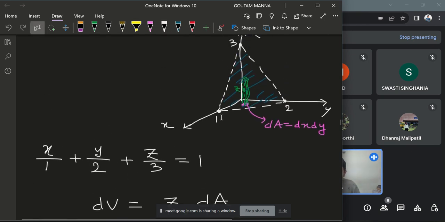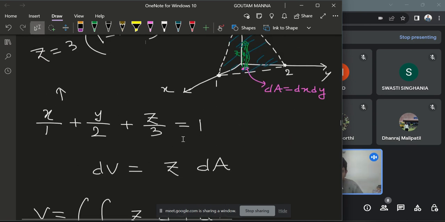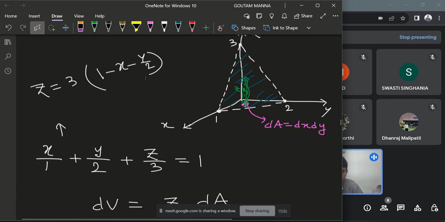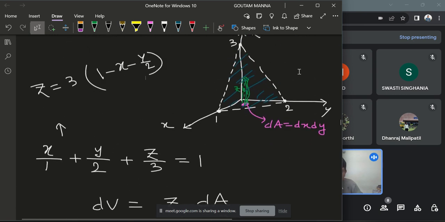So z I can find from the plane equation: z will be 3 times (1 minus x minus y by 2). This is the z coordinate at any point (x, y), and for the integration we need to integrate in this xy plane.